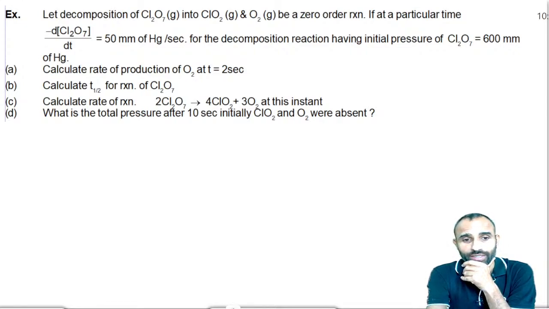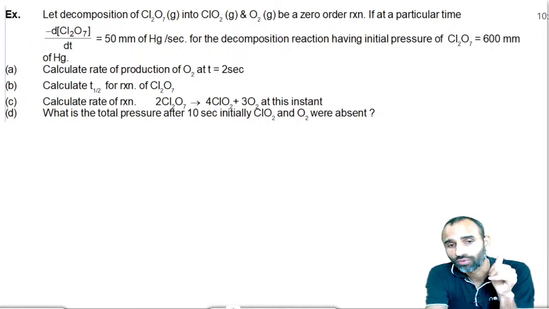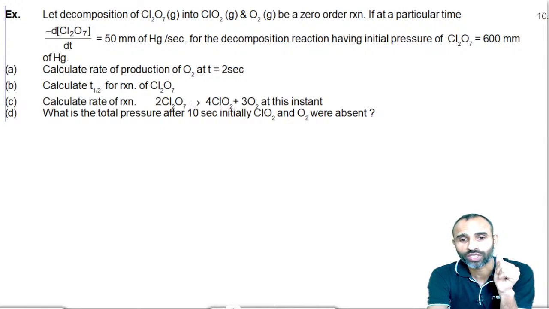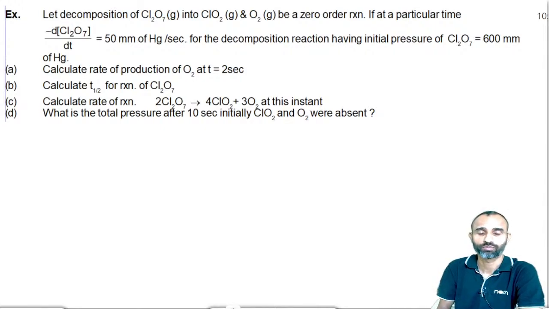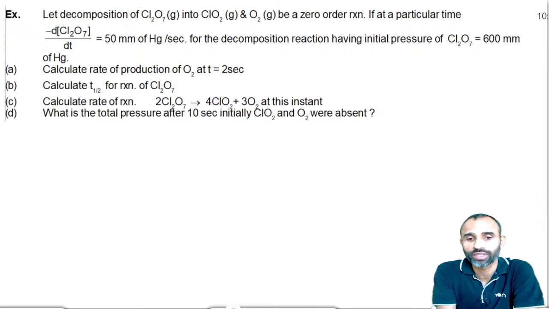Calculate the rate of production of O2 at time 2 seconds. Calculate the half-life for the reaction of Cl2O7. Calculate the rate of reaction for this particular reaction, Cl2O7 to ClO2 plus O2, at this instant. What is the total pressure after 10 seconds, if initially ClO2 and O2 were absent?